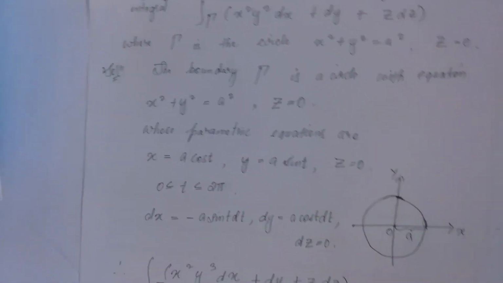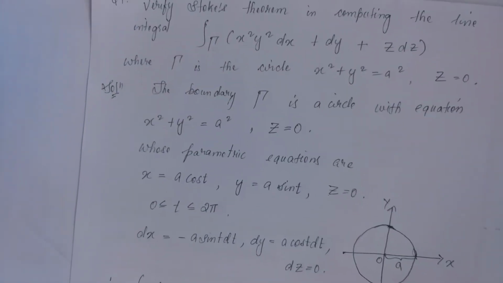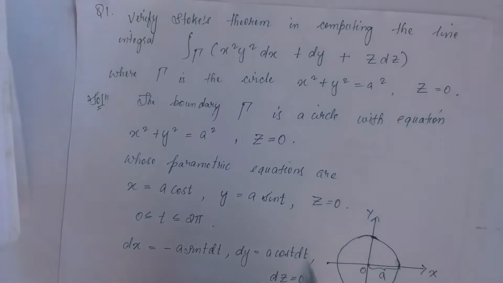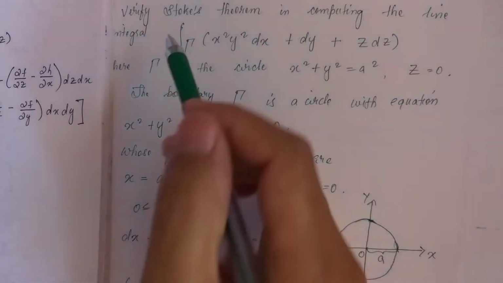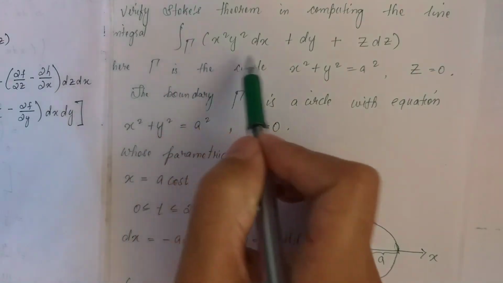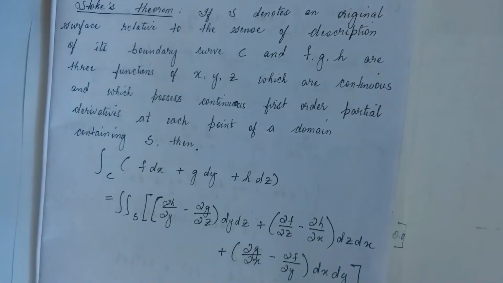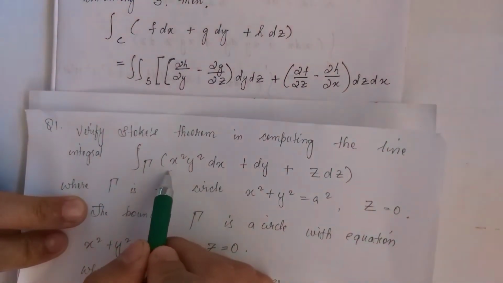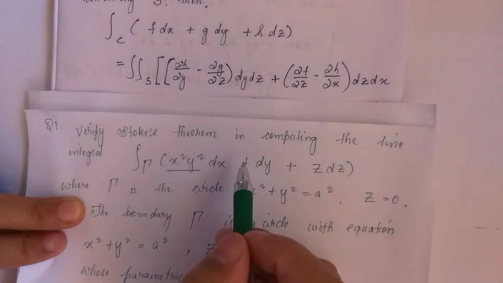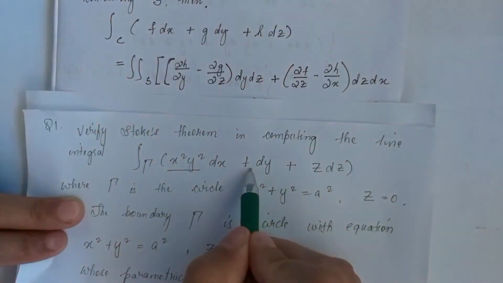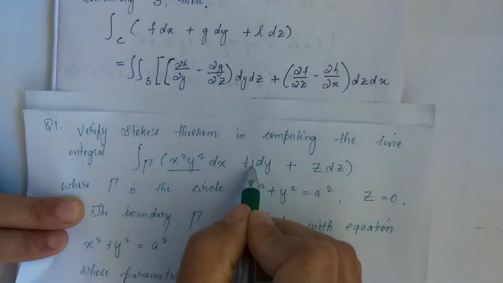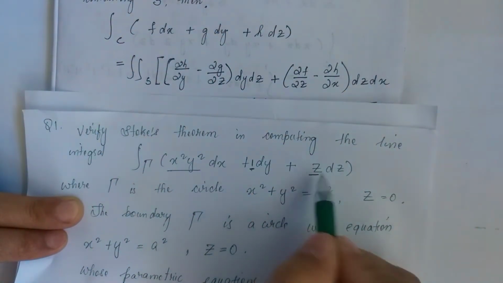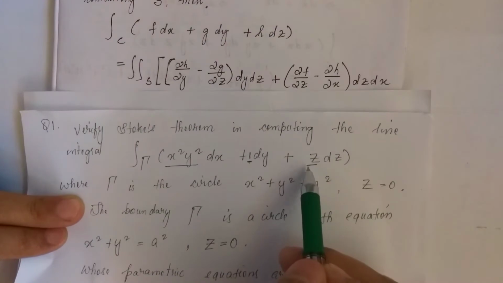Now comparing with this curve integral, this is f, or g will be equal to 1, and our h here is z.